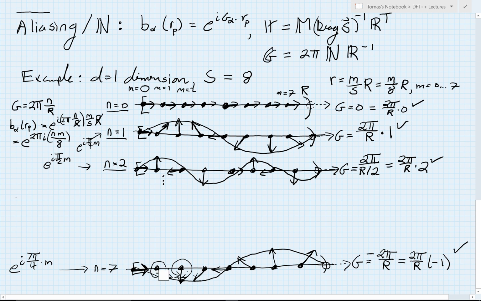Because when we see behavior like this in our basis function, and we inquire as to what is the natural wave vector associated with it, we see, well, we really have two choices. We could think that between our grid points, things are changing so quickly that I have almost a full circle each time.